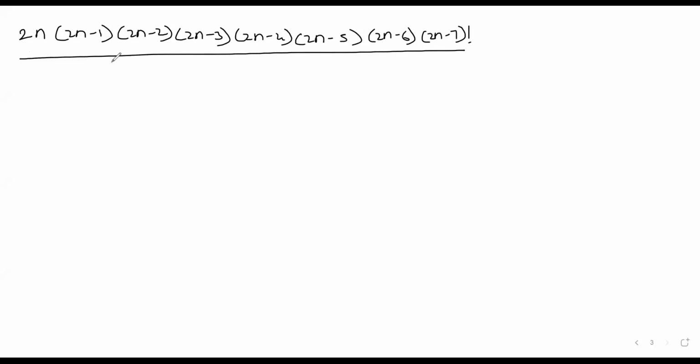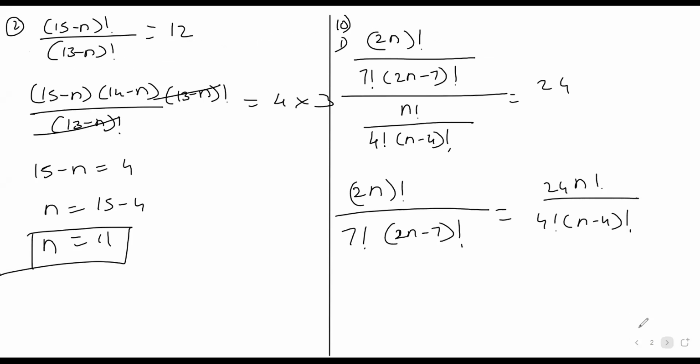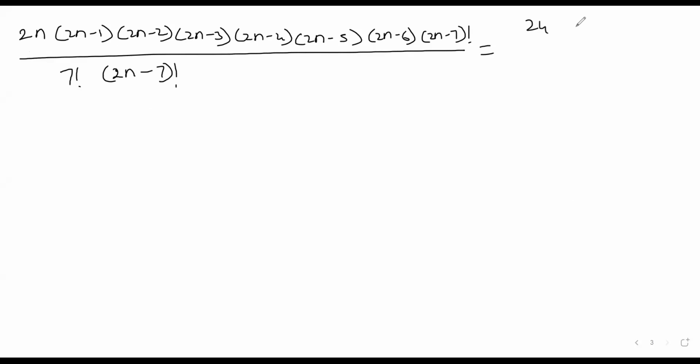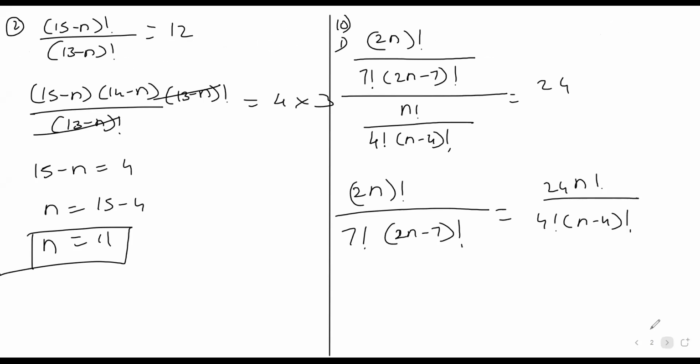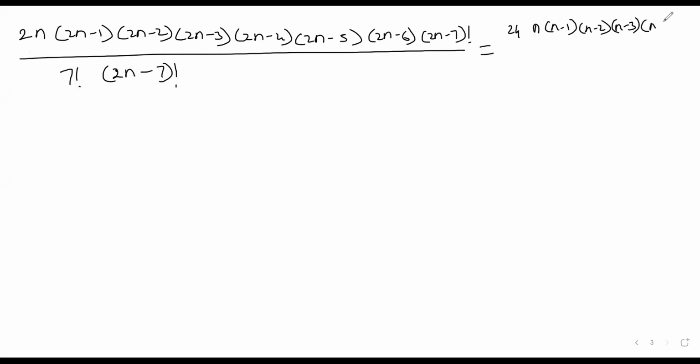Whole thing upon 7 factorial, 2n minus 7 factorial is equal to 24. n factorial can be written as n, n minus 1, n minus 2, now see, it is up to n minus 4. n minus 3, n minus 4 factorial upon 4 factorial, n minus 4 factorial.